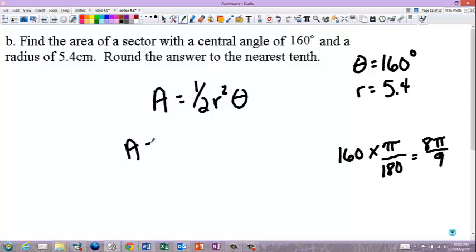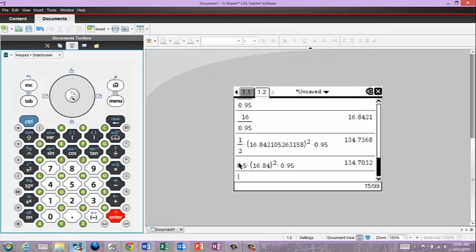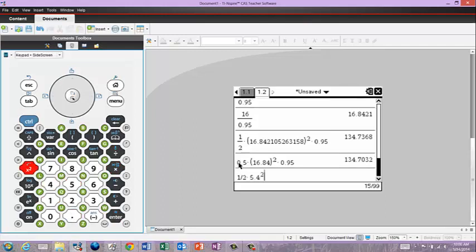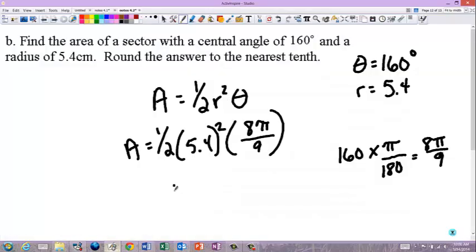So A equals 1/2 r squared times theta. So 1/2 times 5.4 squared times 8 pi over 9. 40.715. And that is centimeters squared.